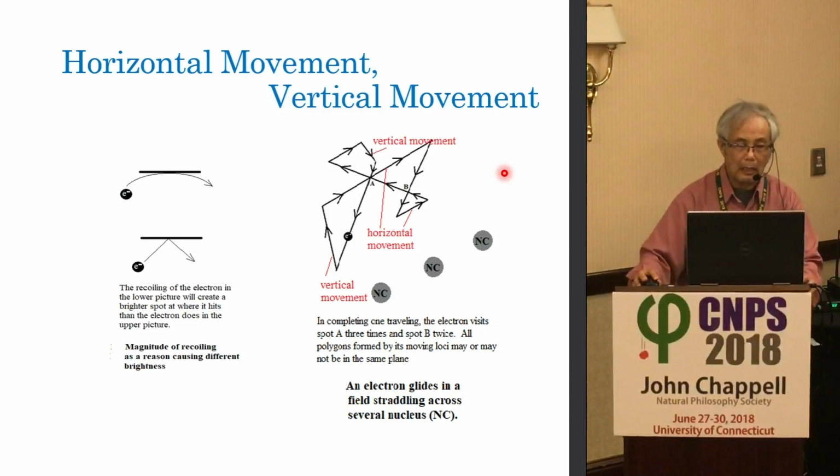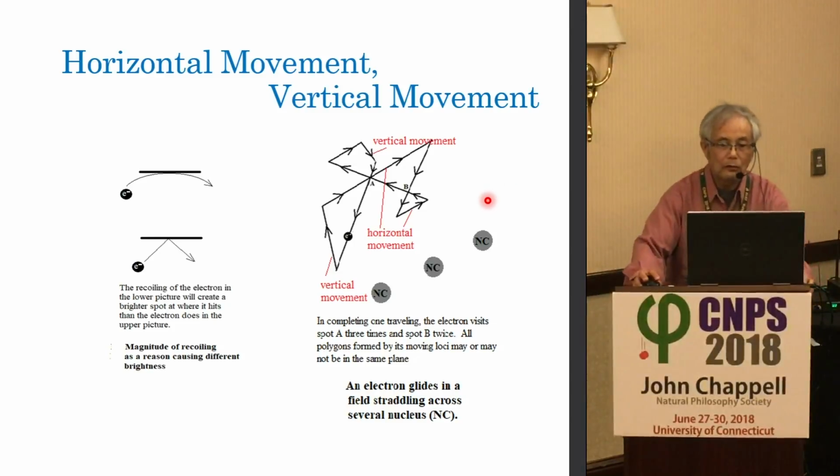The vertical movement would be toward the nucleus, or away from the nucleus. Overall, the movement is a combination of these two. The closer an electron is to the nucleus, the more dominant the vertical movement becomes.